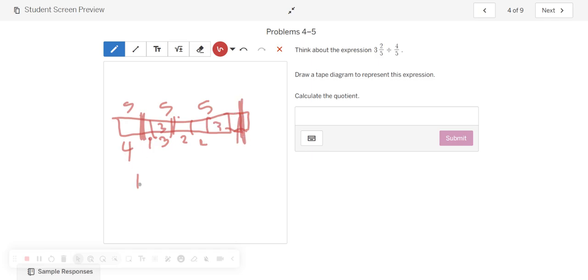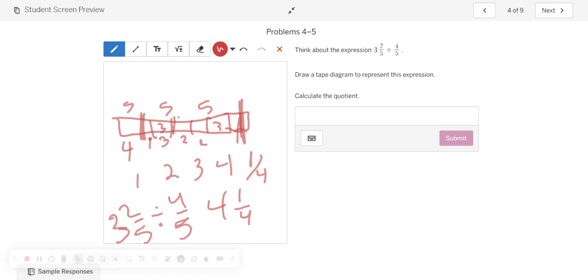And so I've got 1, 2, 3, 4 whole pieces, and then I have 1 piece left over, but each one is a fourth. So I end up with 4 and 1/4. So 3 and 2/5 divided by 4/5 equals 4 and 1/4.